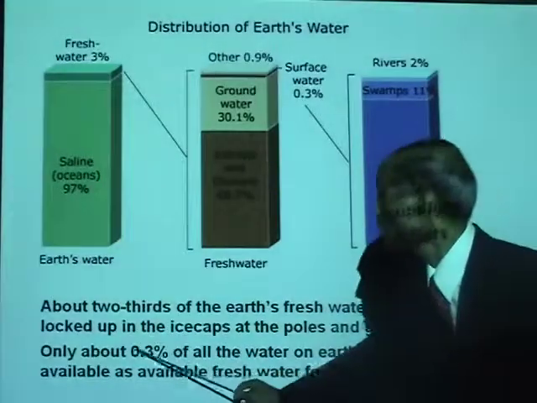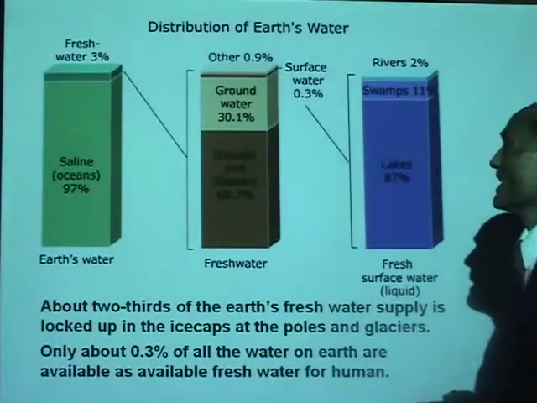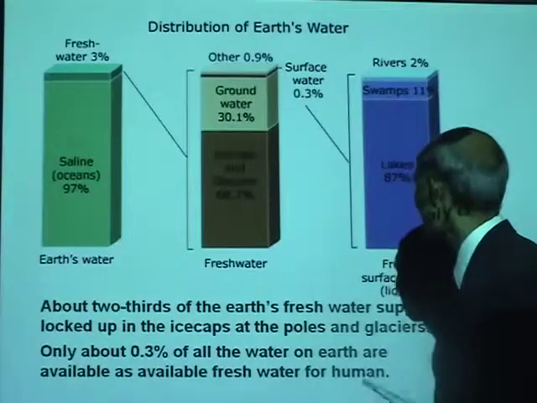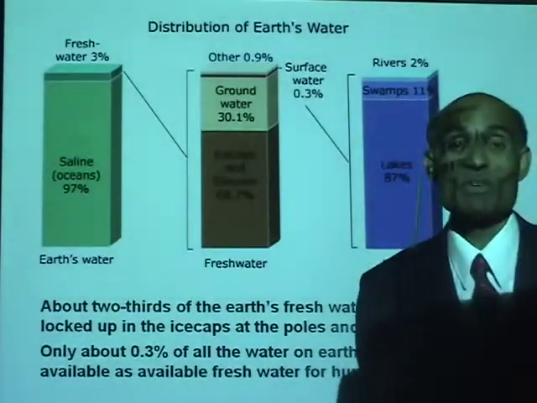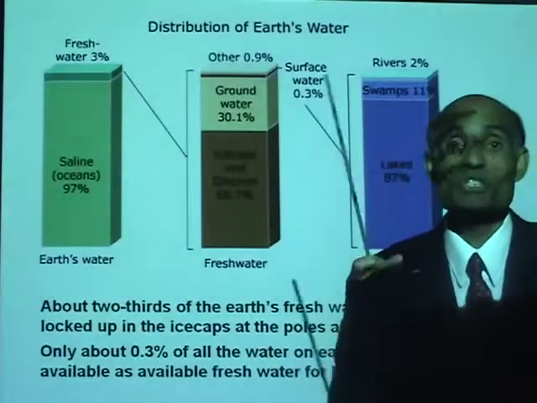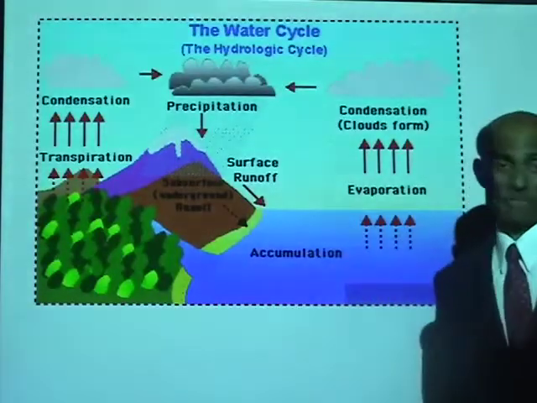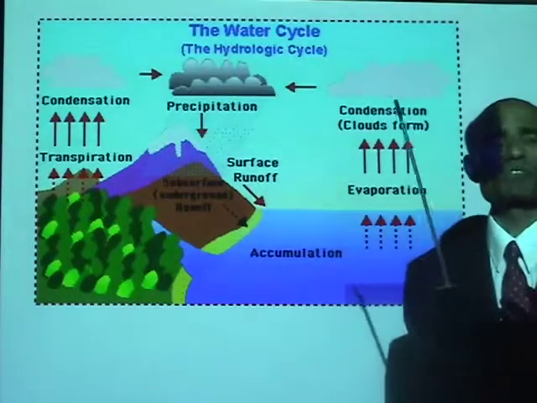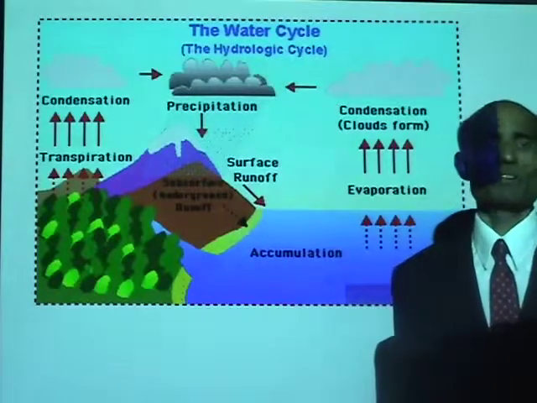So only about 0.3% of all the water on the earth is available as fresh water for humans. So that is where there is great need to conserve our water resources. Now, does it mean that the fresh water is in any imminent danger of being finished?